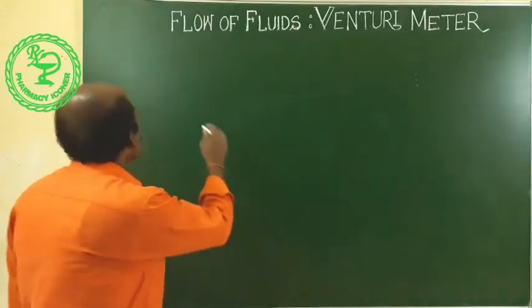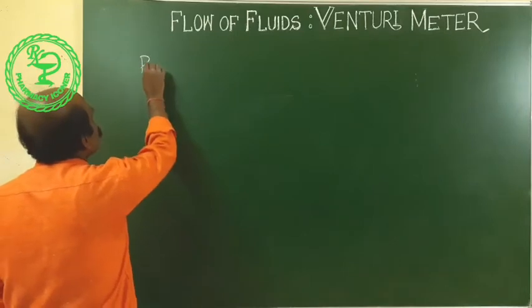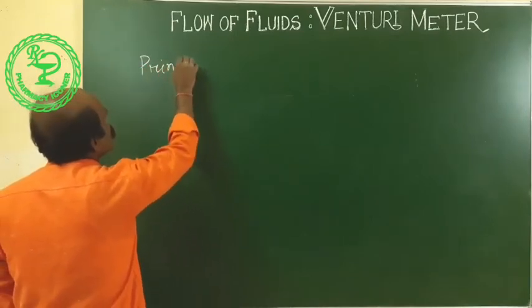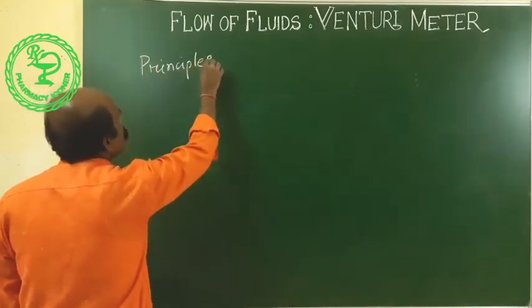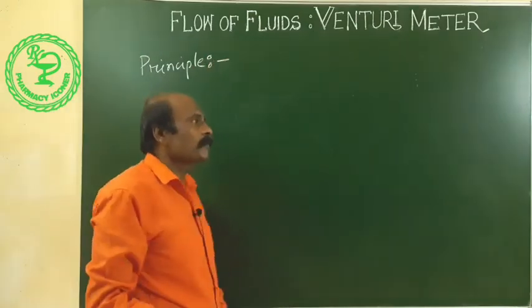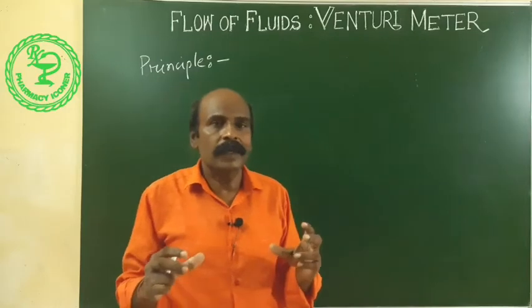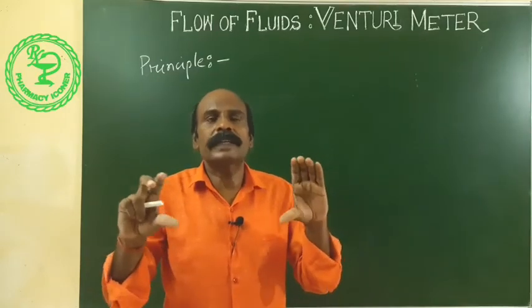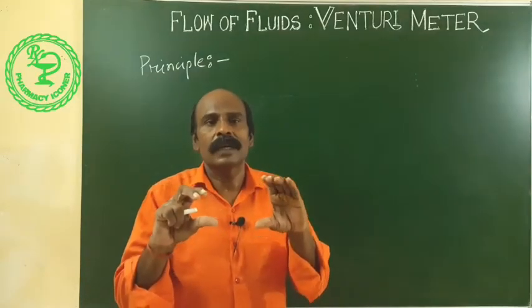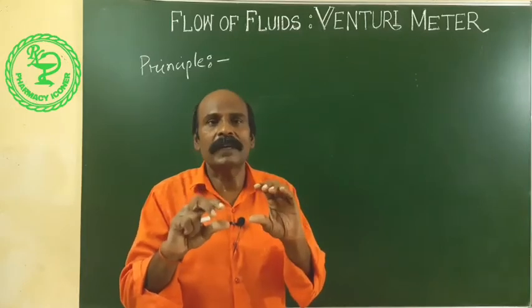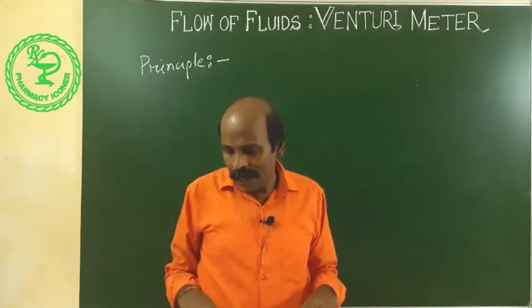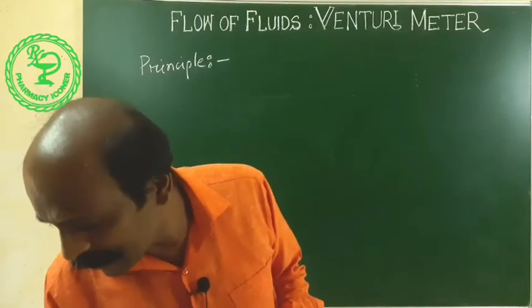Now, first the principle. What is the principle behind it? Venturimeter is a device where two tapered sections are joined in a middle. Now, I will show you the venturimeter.